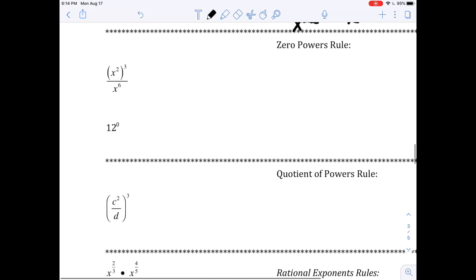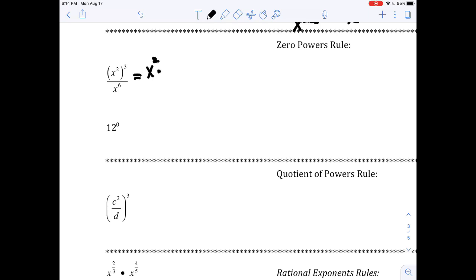The next rule is the 0 powers rule. So again, we're going to go back to our expansion because something you should remember is if you ever forget the rules, you can always go back and expand your exponential expressions to come up with the right answer. So x to the second power is going to be used as the base 3 times.